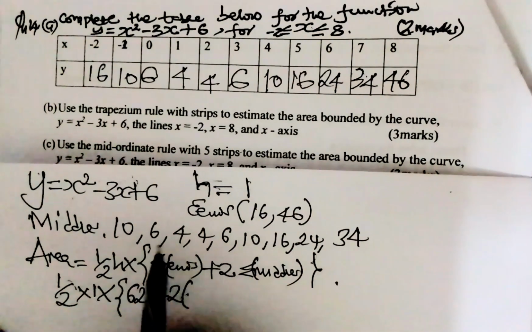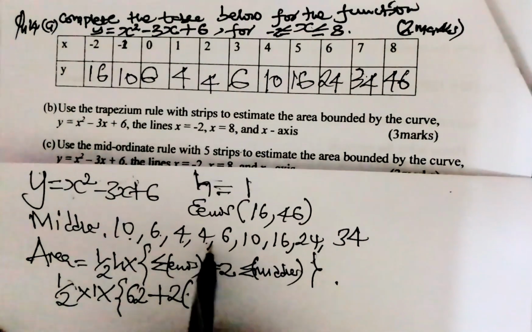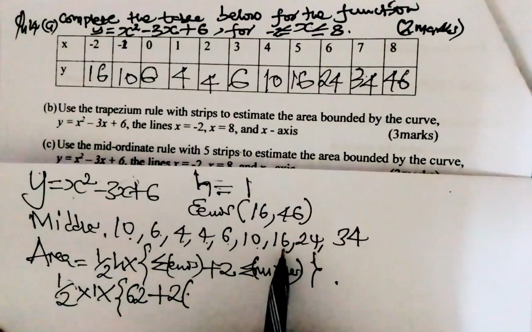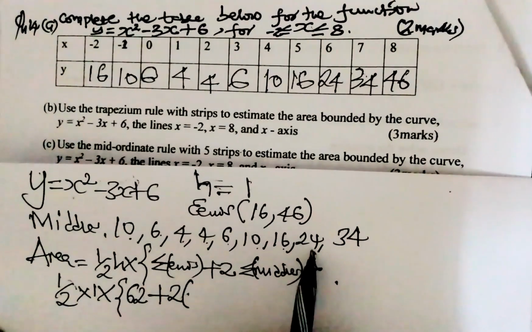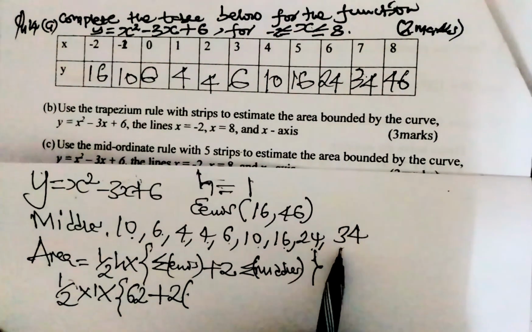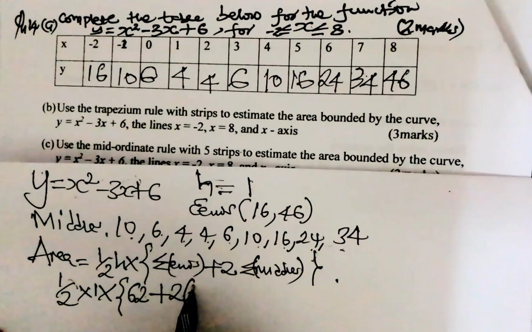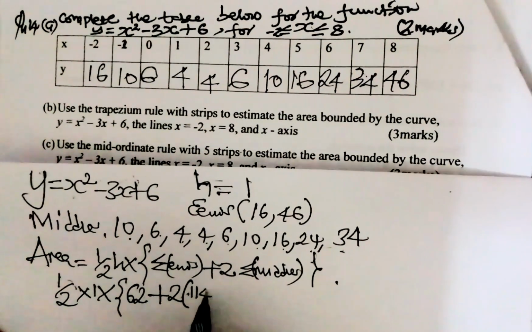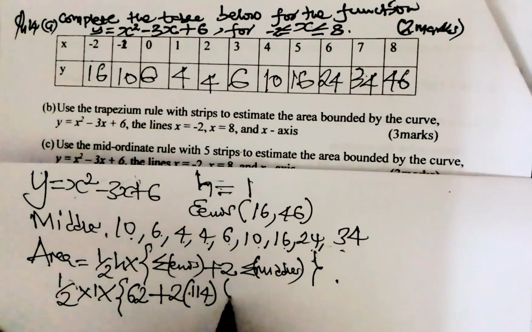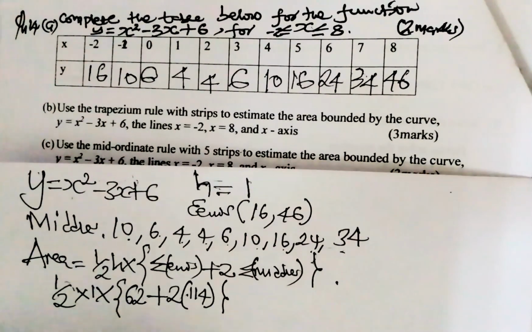Add all these values, 10 plus 6 plus 4 plus 4 plus 6 plus 10 plus 16 plus 24 plus 34. Add those values, you're going to get 114. You can confirm that using your calculator. So we go ahead and simplify this.